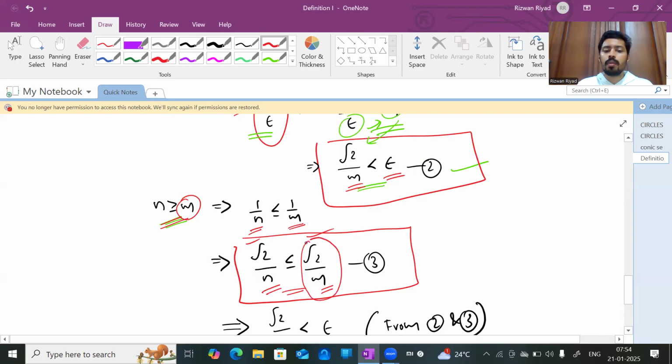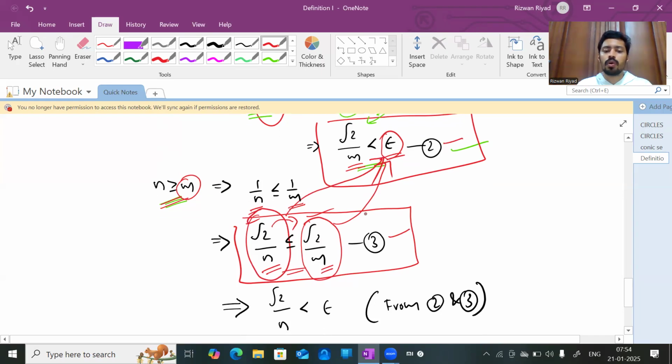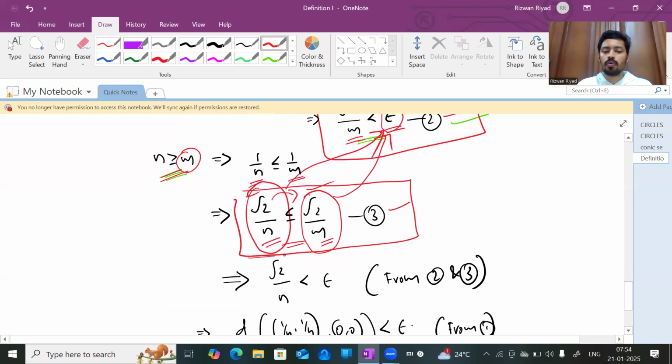And this root 2 by m is less than epsilon. So by combining inequality 2 and 3, this root 2 by n will be lesser than epsilon. That's what you can see in the next inequality. Root 2 by n lesser than epsilon. This will happen if you combine inequality number 2 and 3.